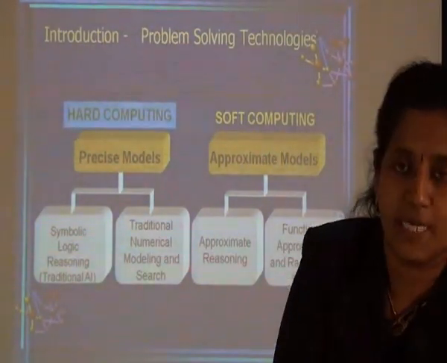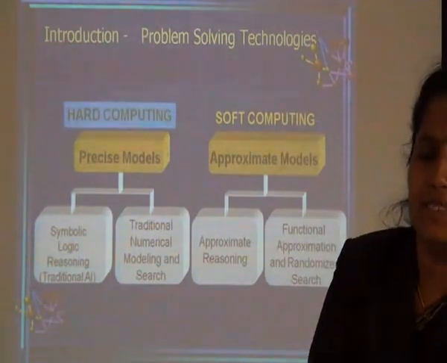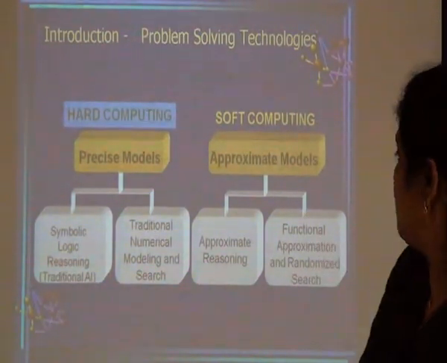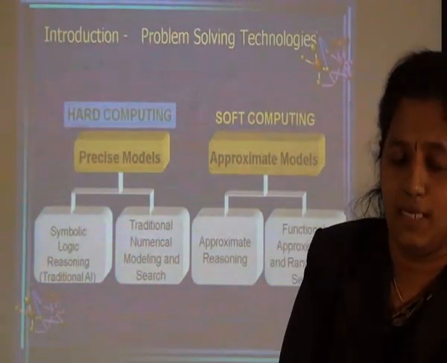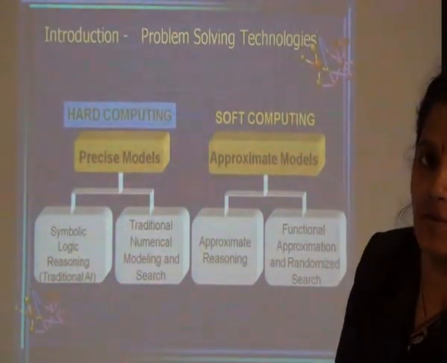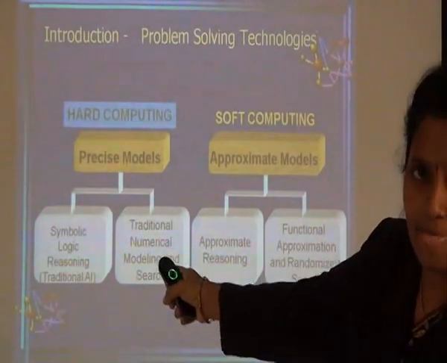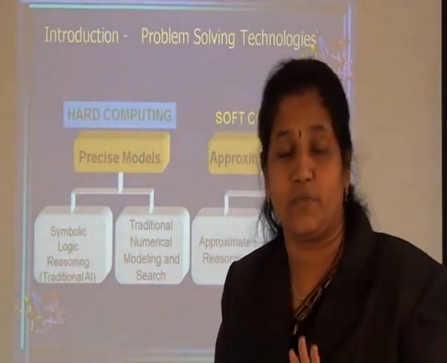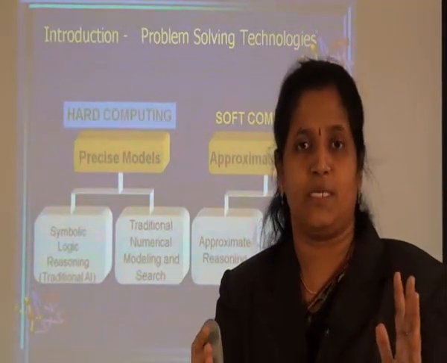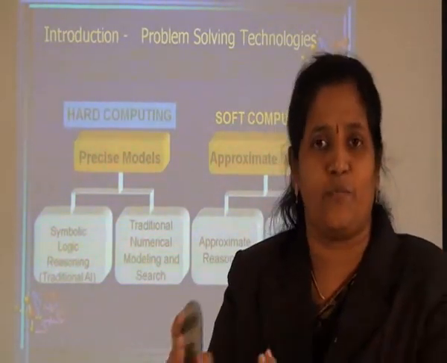So before getting into neural networks, let me give a brief overview of the different computing technologies available. In general, there are two problem solving technologies. One is hard computing, the second is soft computing. Hard computing always deals with a precise model. There should be discrete input, with strong boundaries of 0 and 1.